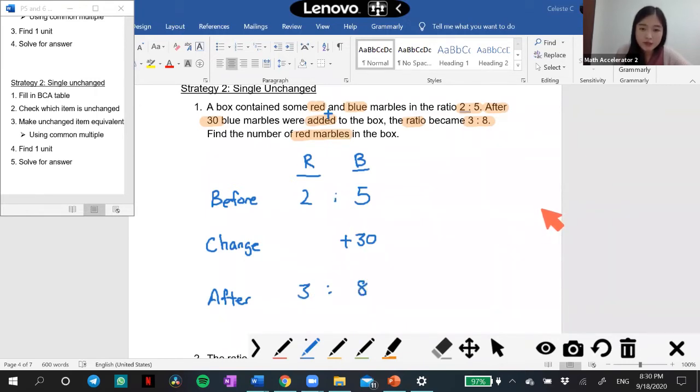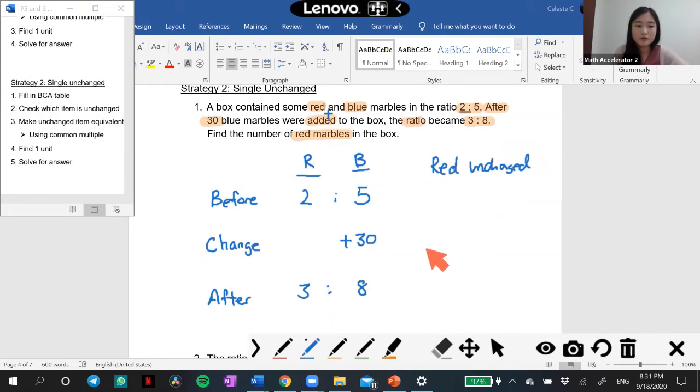So can you tell me, red or blue is unchanged here? Yes, correct. Red is unchanged. Why?